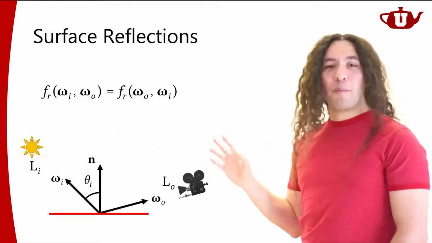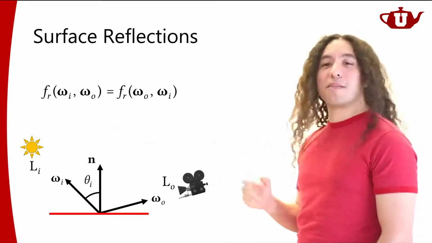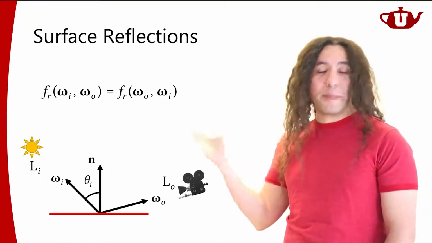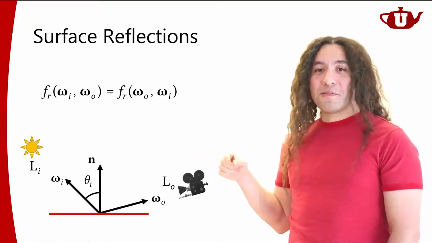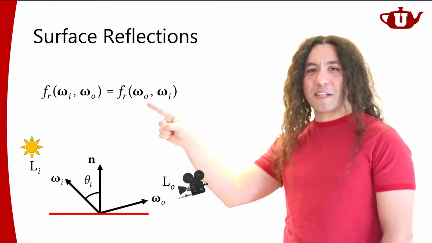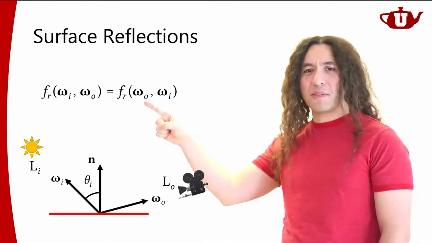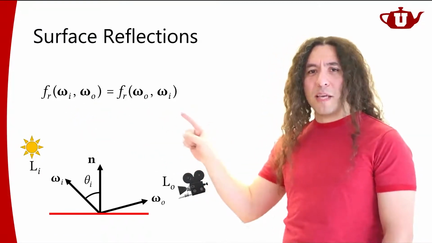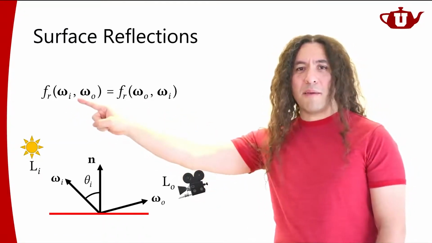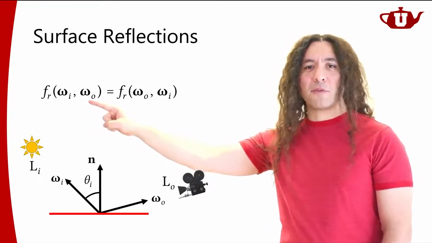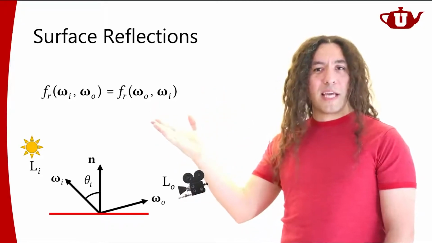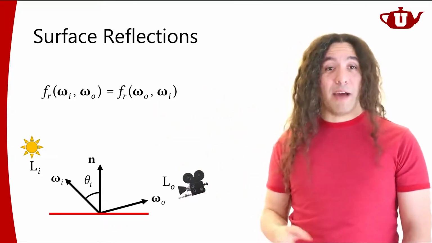This is happening because of the properties of how light interacts with surfaces and the whole geometry of what happens here. So this doesn't mean that I'm getting the same function that looks the same with omega O and omega I. That's not what it means. But if I give you a pair of incoming and outgoing directions, and if I switch the order, my BRDF is going to produce exactly the same value.